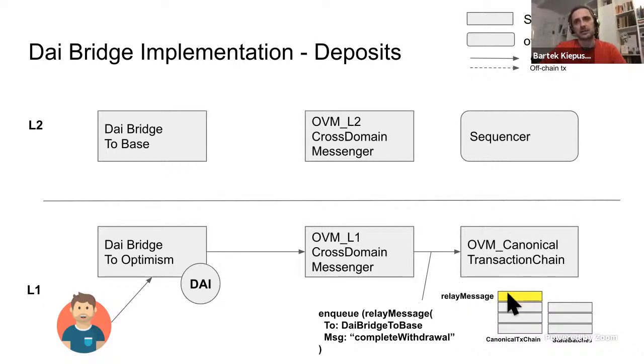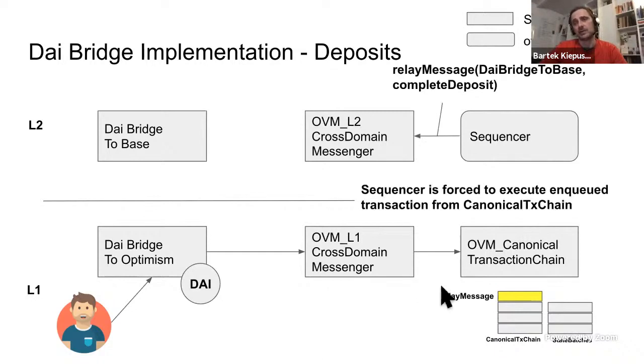It is used by the cross-domain messenger, and once the transaction is included, it is canonical, right? This is as good as any transaction that was inserted by the sequencer inside the batch. Because of that, now the sequencer has no choice. It has to execute this transaction because if it's skipped, the state would be challenged, right? So now this is very canonical.